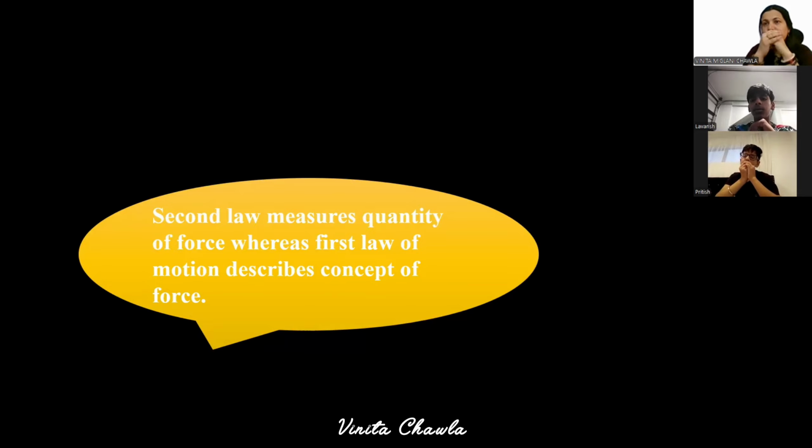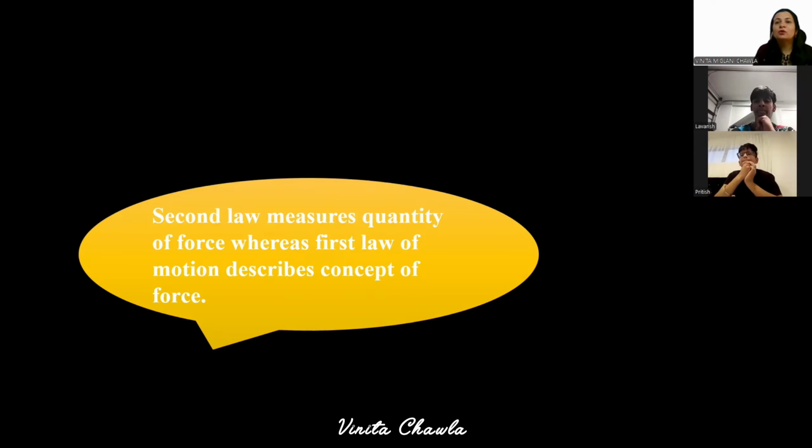We need force to move it. If it's in motion, it will stay in motion, unless or until some external unbalanced force is applied on the object to change its state of motion. The object which is at rest stays at rest, and the one which is moving with uniform velocity will continuously move with the same speed.